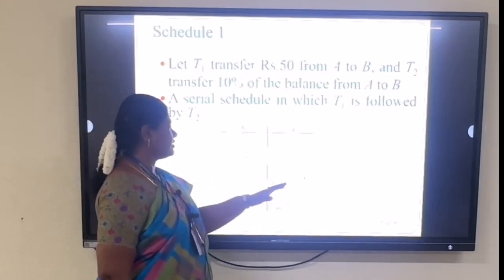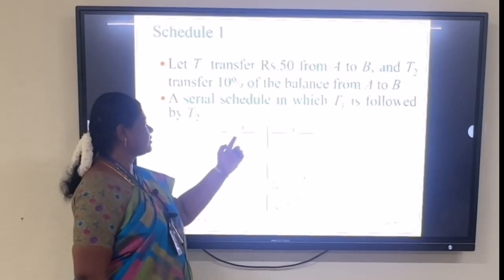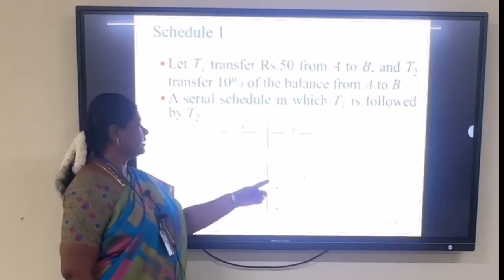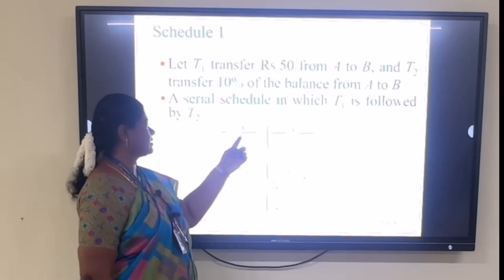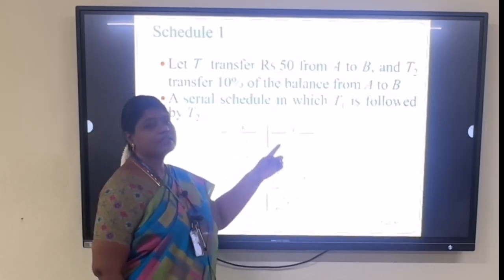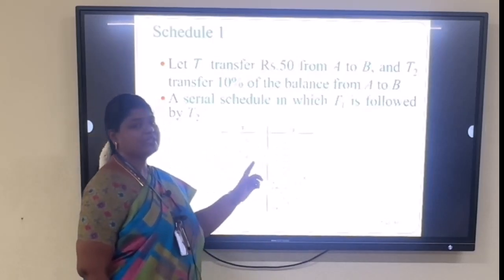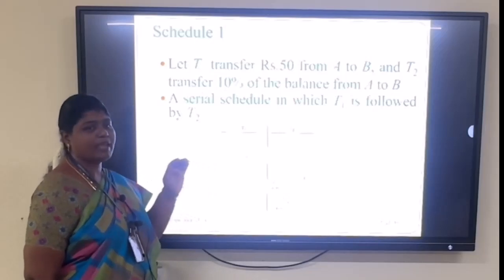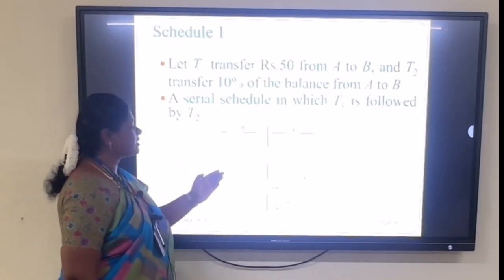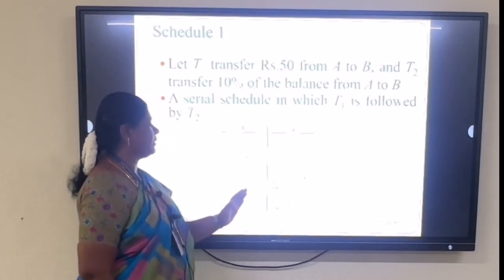The second transaction is a concurrent transaction. That is, when the first transaction starts and goes to its second line, read A will be started in transaction T2. So it should be scheduled in such a way that it is decided whether this transaction has to take place first or that one.